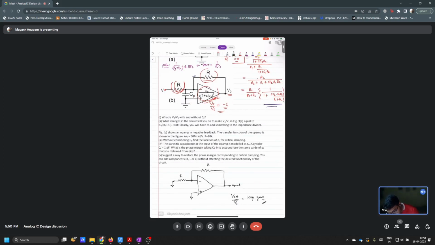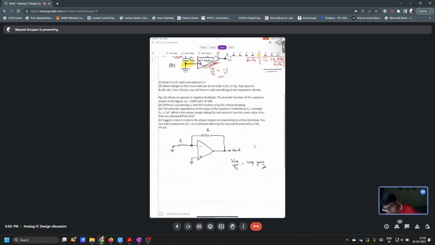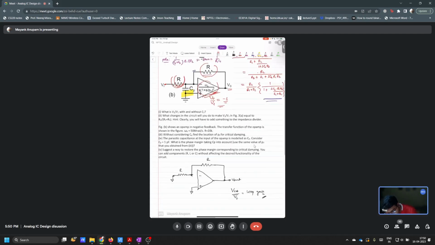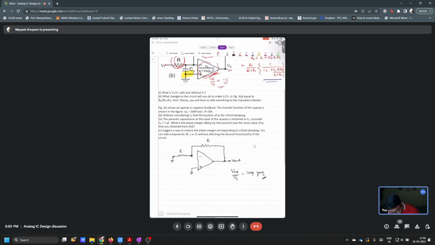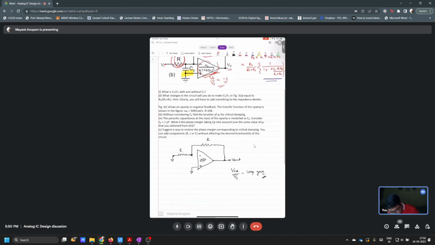So look at this capacitor, this CP here. Can you look at it? Yes, sir. This capacitor CP here is not something which you accounted for earlier. CP can appear because of the parasitics of the input stage of this op amp.